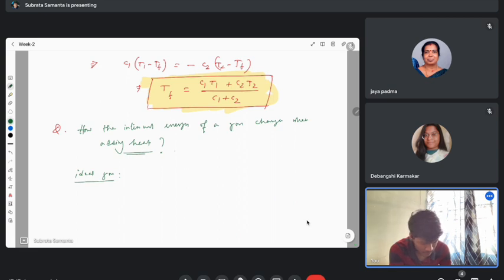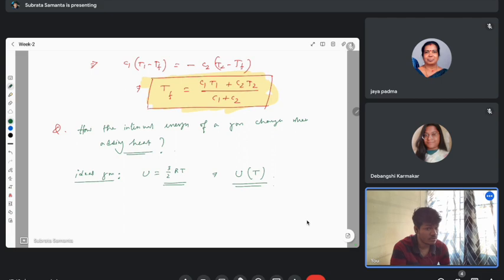For an ideal gas there is no potential energy, only kinetic energy, and it follows from the equipartition theorem, U is 3 by 2 RT. So this energy only depends on temperature.